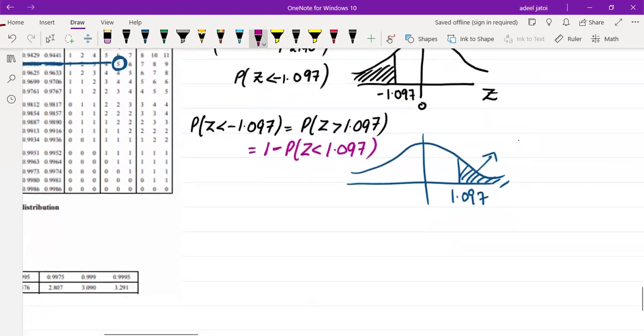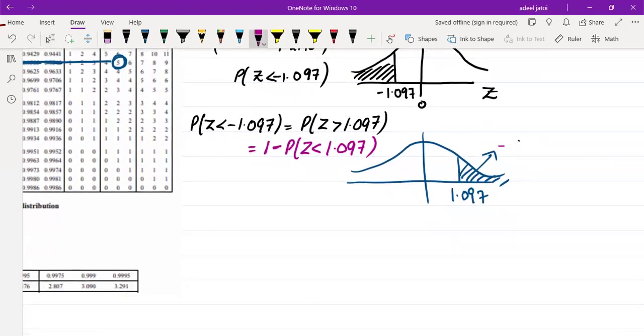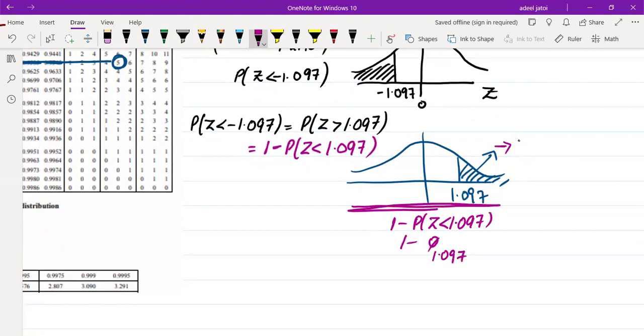That means to achieve this target, I need to subtract from 1. But for this, I need to find out Z less than 1.097 first, phi of 1.097. Because when I calculate the phi of 1.097, this will give me the probability of the left-hand side. So can we just say 1 minus phi of 1.097?